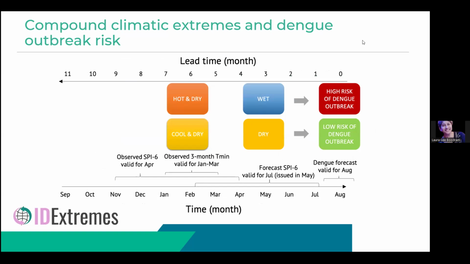So what is the real intent and purpose behind generating these different models? As I said, what we'd really like to do is to aim for predictive forecasts such that, given certain weather conditions that are expected in the upcoming months, and combining that with our past climate and health information, we hope to be able to give the ministries of health at least a 3-month warning as to the potential for a dengue outbreak.